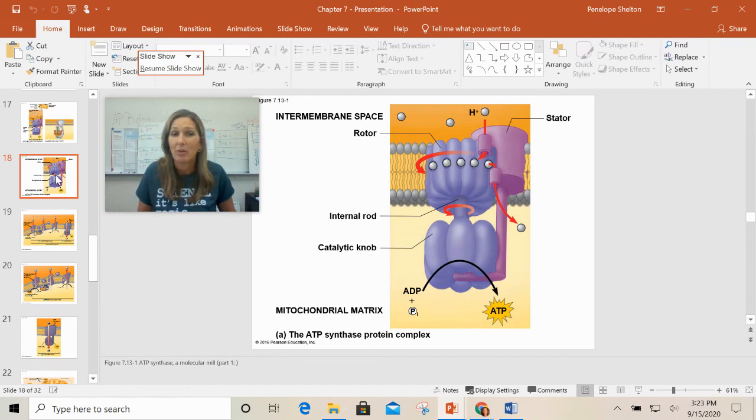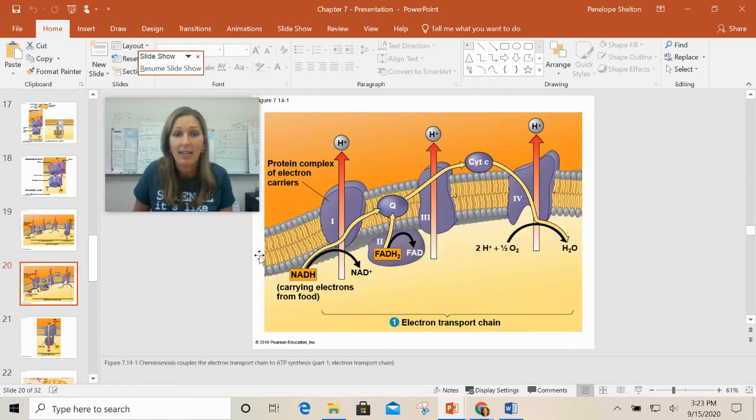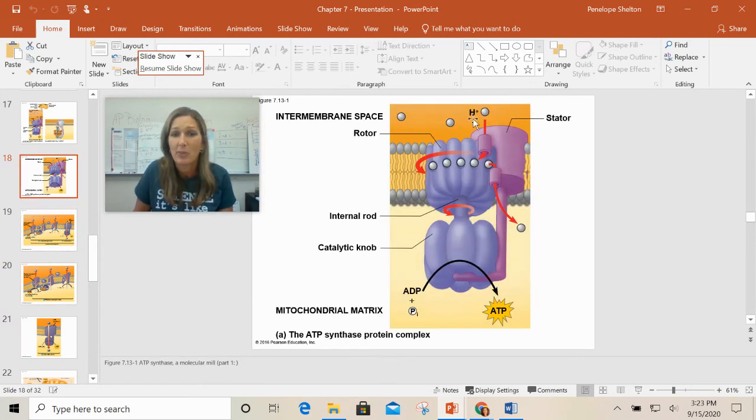Do you think any prokaryotes have ATP synthase? The answer is yes, they do. There are some prokaryotes that have membrane proteins that transport electrons. They generate a high proton concentration outside, and protons diffuse through. They just don't have a double membrane structure, but they still perform aerobic respiration.